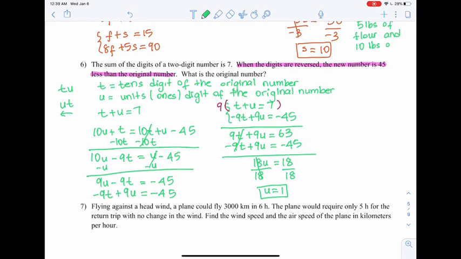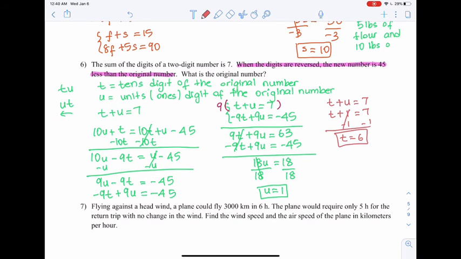Now let's look at our tens digit. Let's take the first equation and substitute 1 for U and see what we'll have for the tens digit. And from here, T will be 6, which is the tens digit.